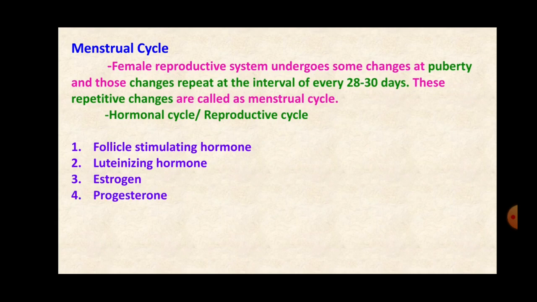These four hormones are very important hormones that control the menstrual cycle. Any imbalance in any of these hormones will drastically affect the female reproductive system as well as the health of the female. So now we will study diagrammatically how this menstrual cycle takes place, what the role of these hormones is, and what happens when these hormones are secreted. Clear?